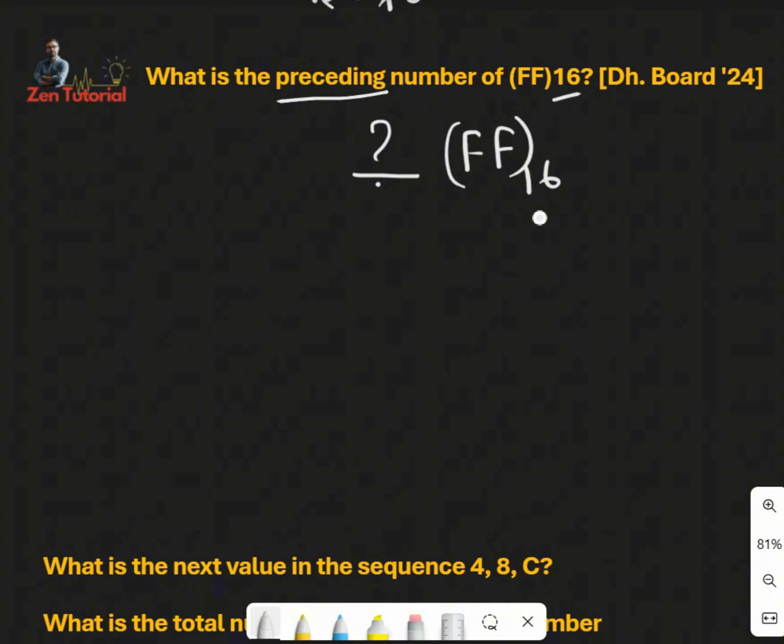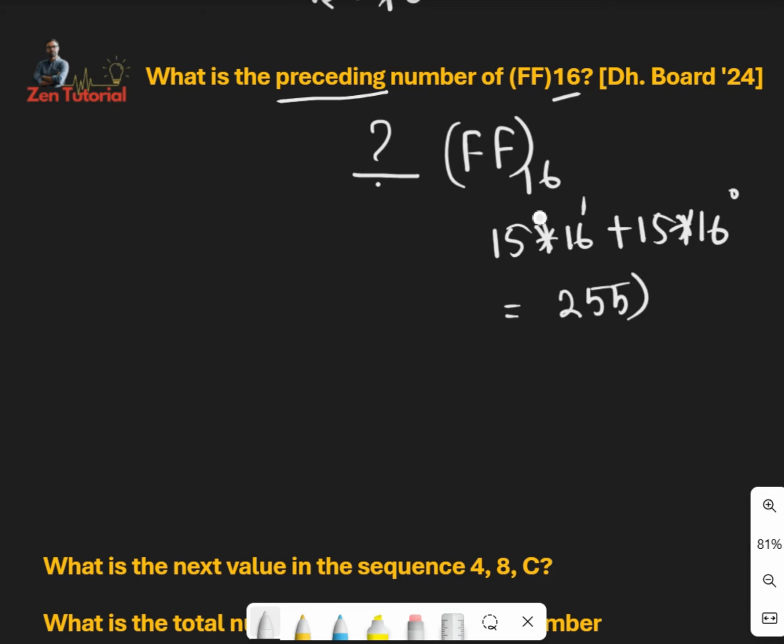Let's convert this value into decimal. So F means 15 times 16 plus 15 times 16^0, which is 1. So we'll get the value of 255 in decimal format, right?